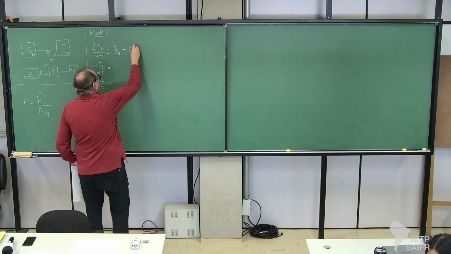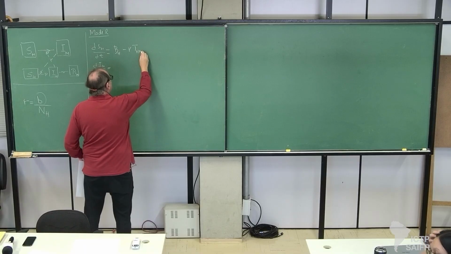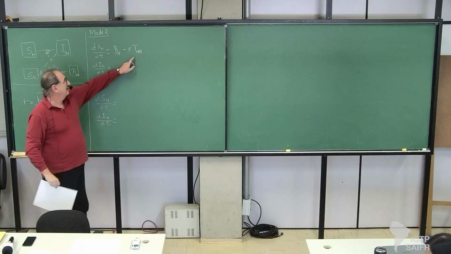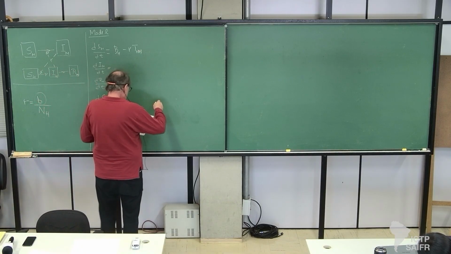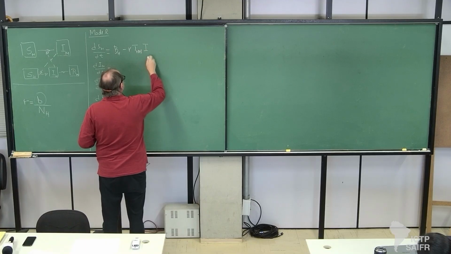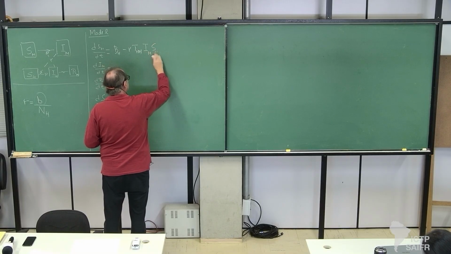So there's a probability, which I will call T(m), that when a mosquito bites you, you actually get infected. And then times I_m, times S_h.